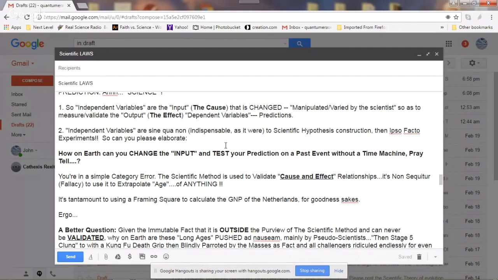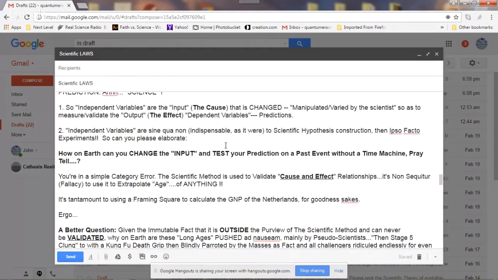So can somebody please elaborate? How on earth can you change the input and test your prediction on a past event without a time machine? It's impossible. You can't. Anyone that brings up any dating or how old this is or how old that is, they're in a simple category error if they want to frame it under the scientific word.